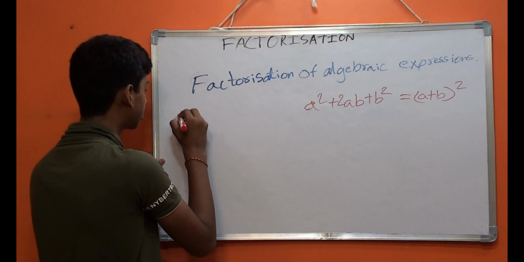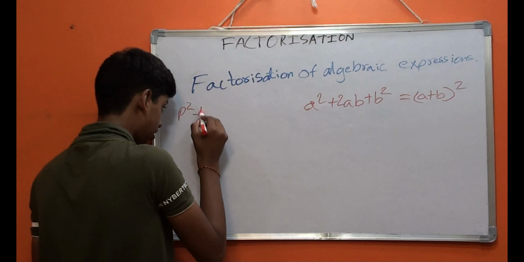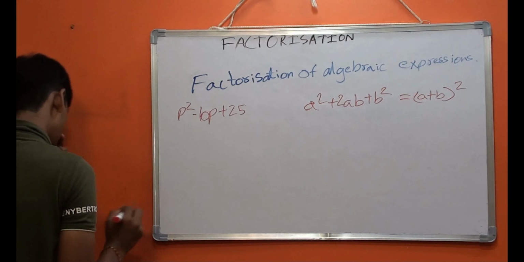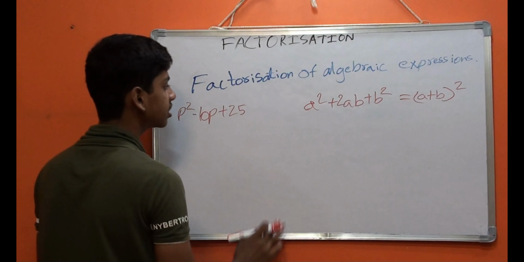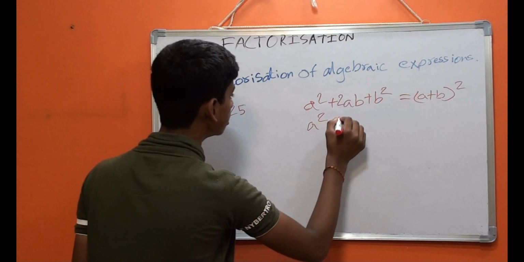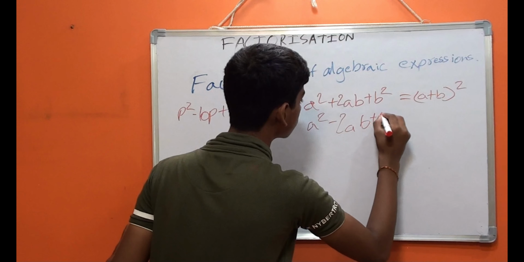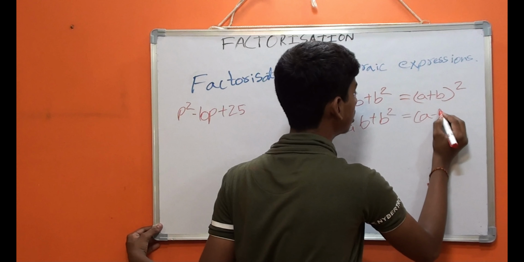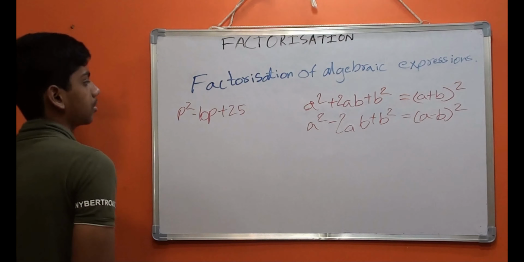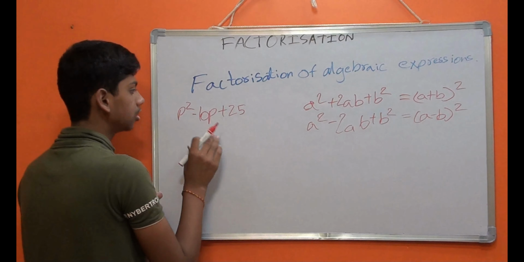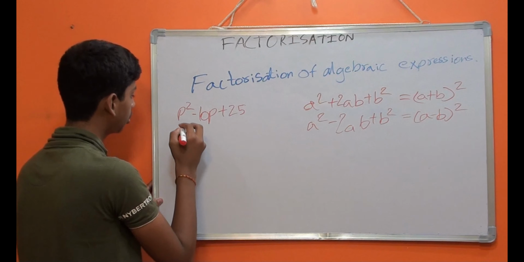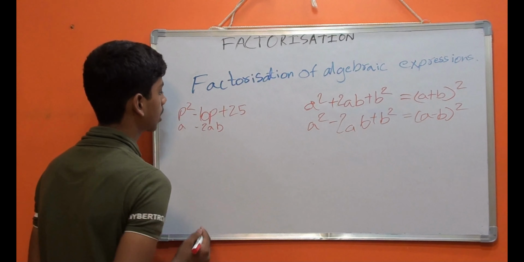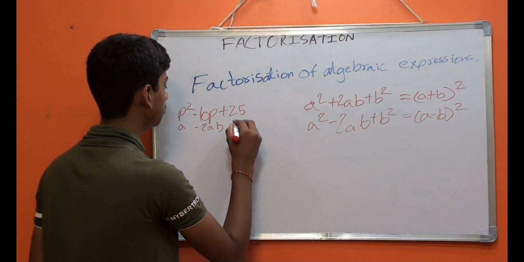So guys, the next question is p square minus 10p plus 25. Now this matches with a square minus 2ab plus b square, and this equals (a minus b) whole square. Now let's solve this. So in the place of a we have p, so we'll take this as a, and this is minus 2ab and this is 5 as b.